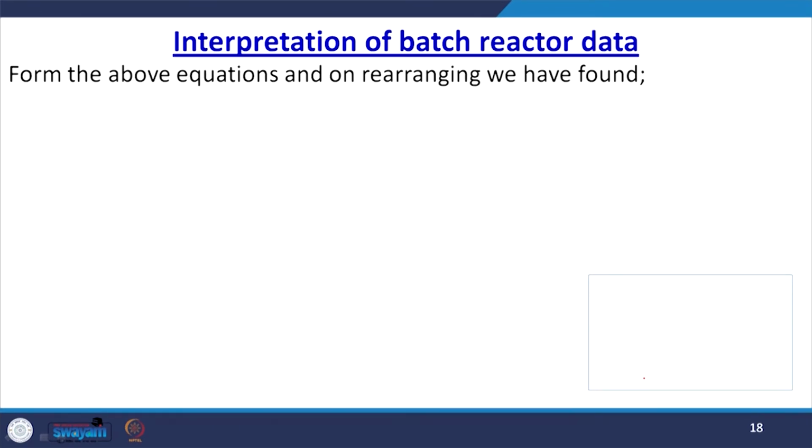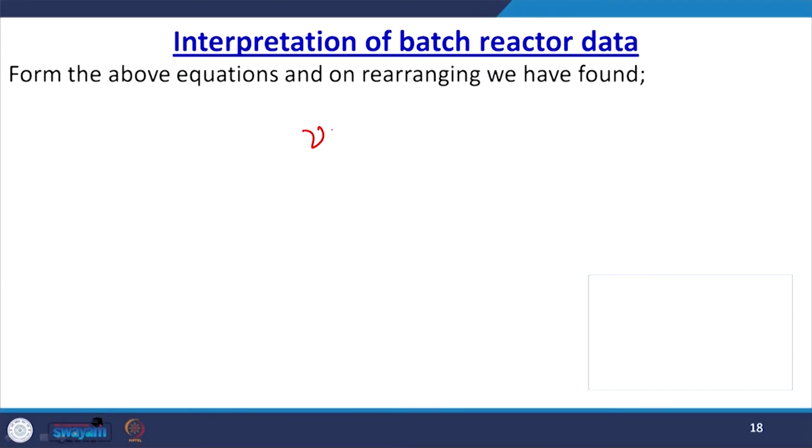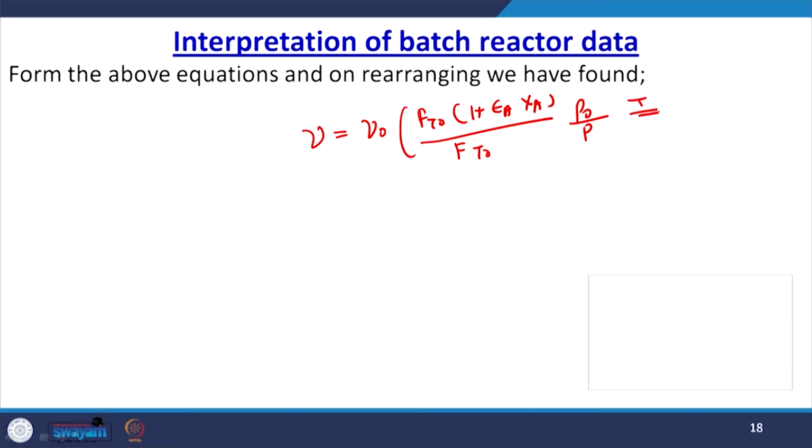Now from the equation which we discussed, on rearrangement, we can have v equal to v0 times 1 plus epsilon A XA times P0 upon P times T upon T0.